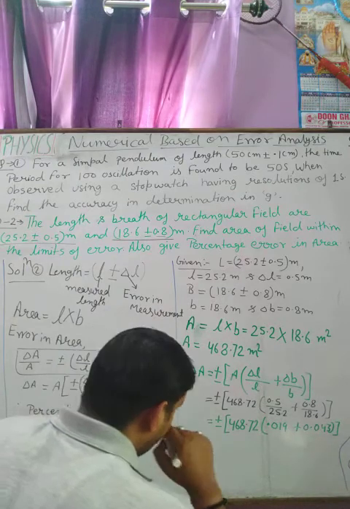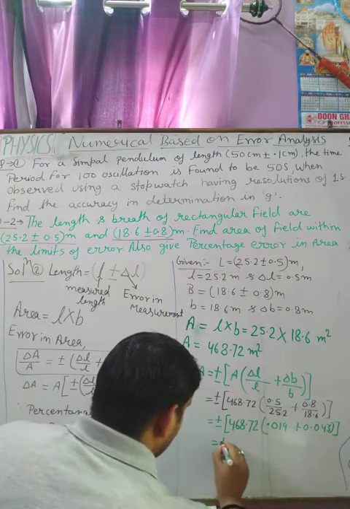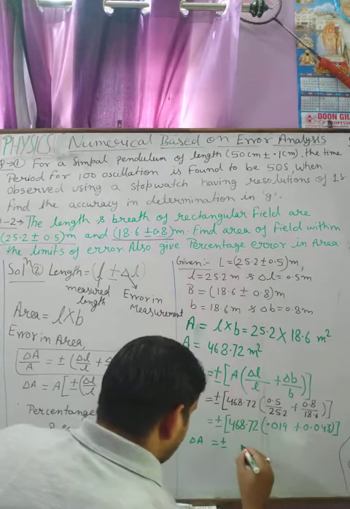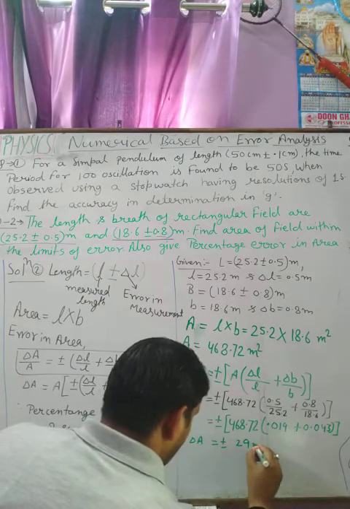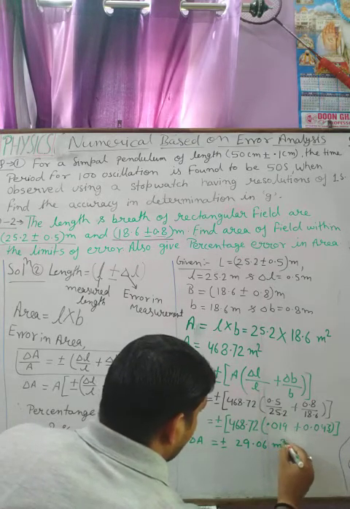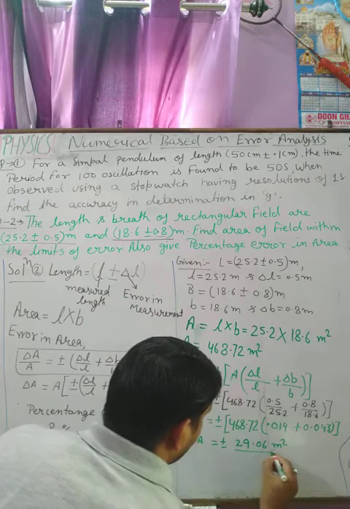So students, this we get ΔA is equal to 29.06 meter square. This is the error in measurement of area.